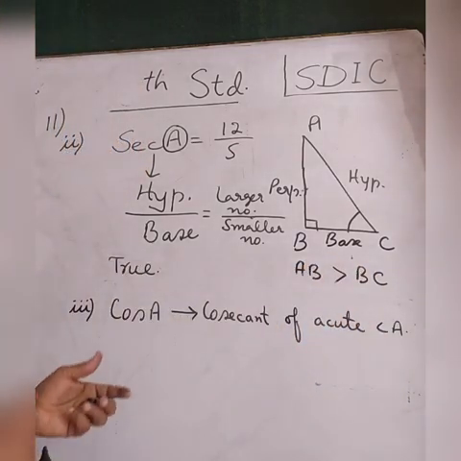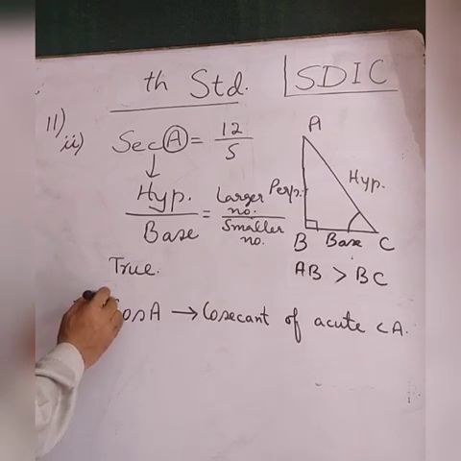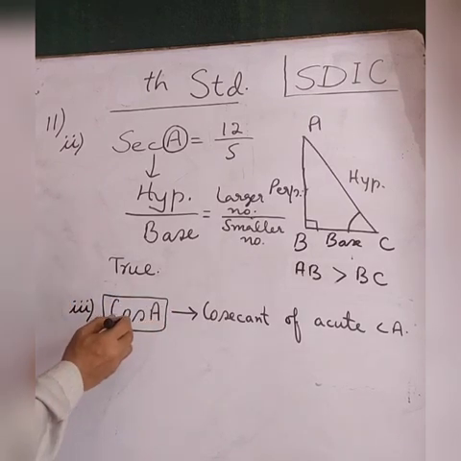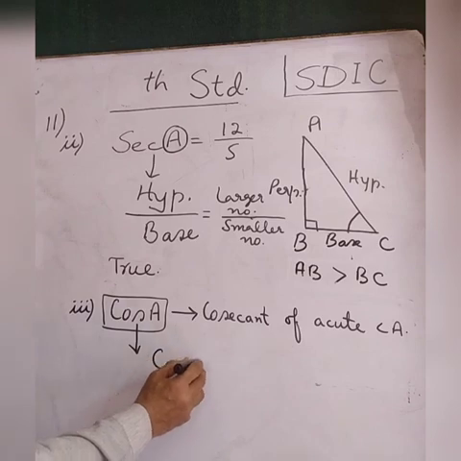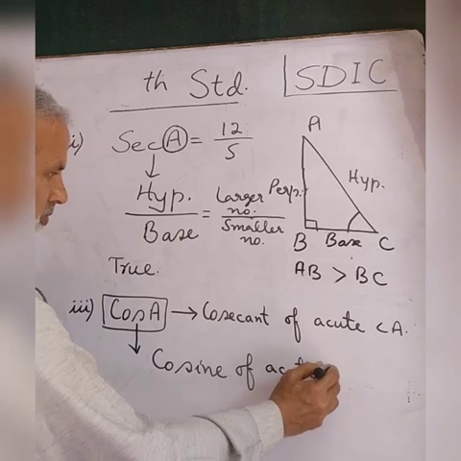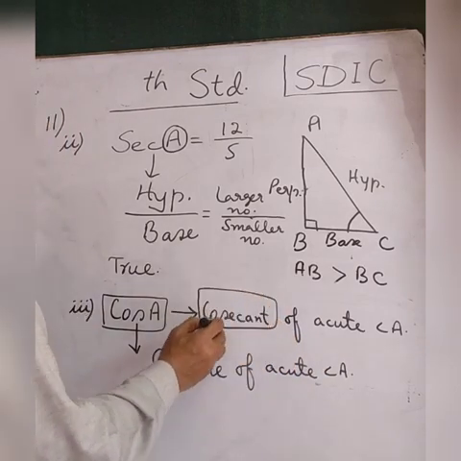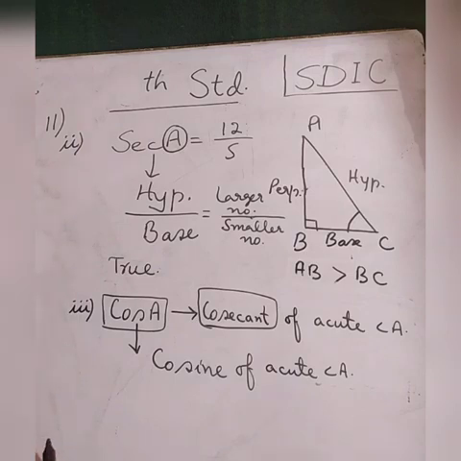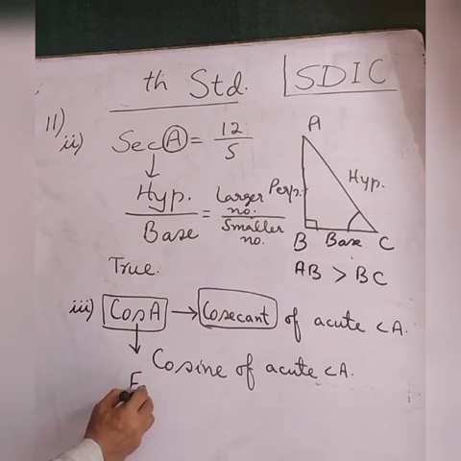We have to say whether this is true or false. Now we have read in the definition about cos. Cos is an abbreviation of cosine of acute angle A. But the statement said it is the abbreviation of cosecant of acute angle A. Therefore, it contradicts the definition. Therefore, this is false.